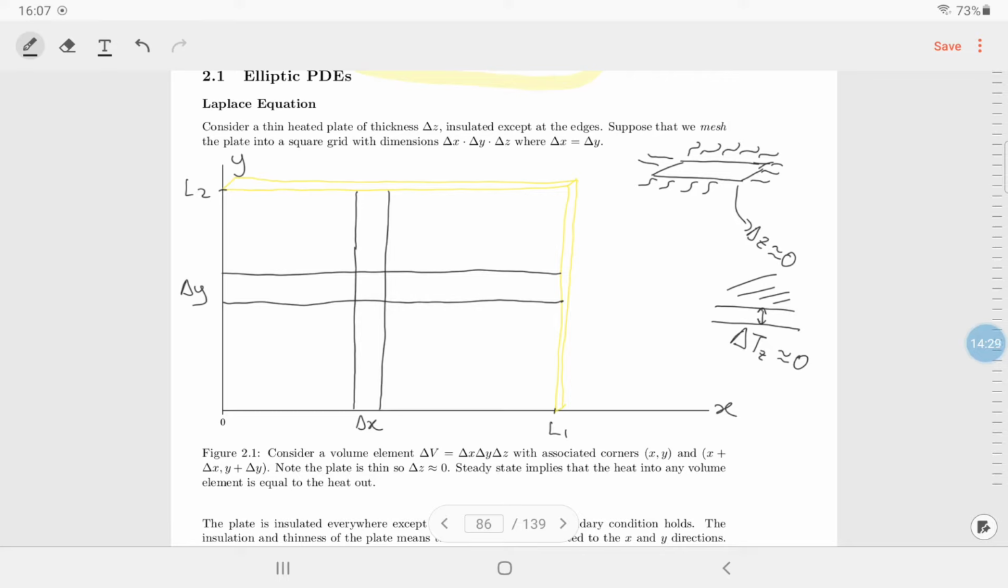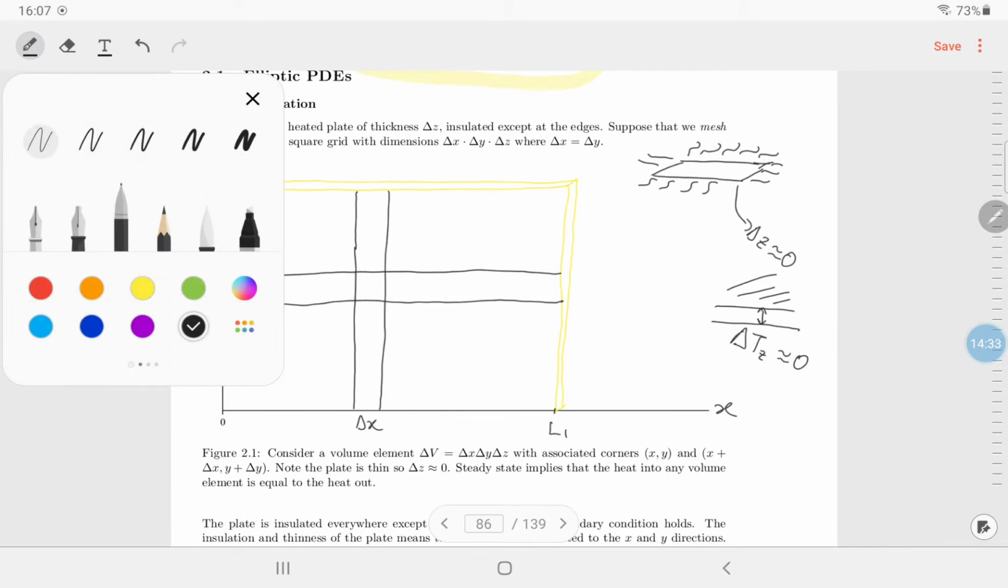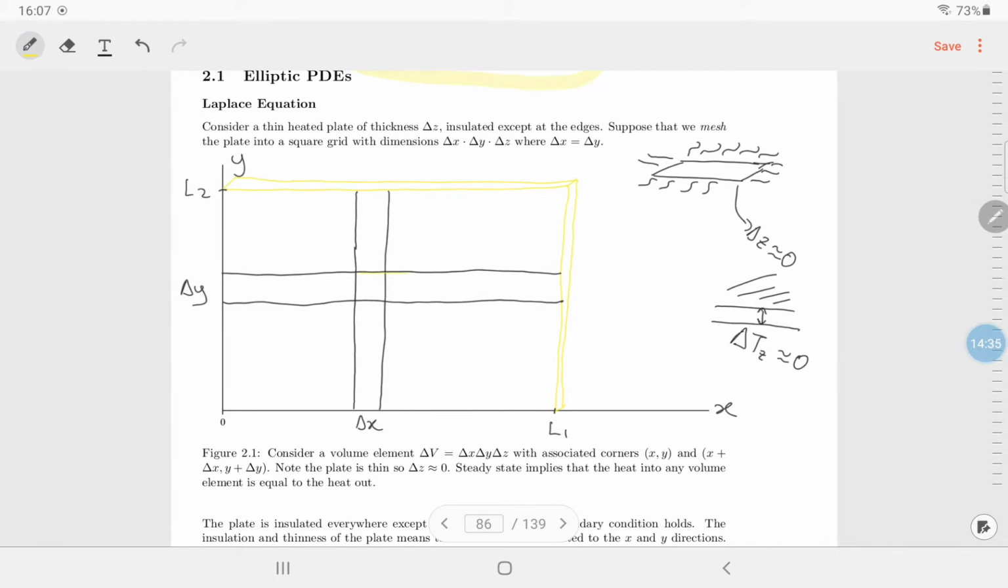Now this little bit that we're looking at does have a little bit of thickness, but even in relation to delta x and delta y, it's really small. It's a little three-dimensional shape, but I'm going to get rid of that bit, and just imagine it's essentially two-dimensional.